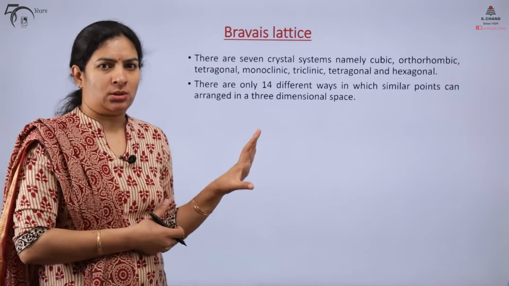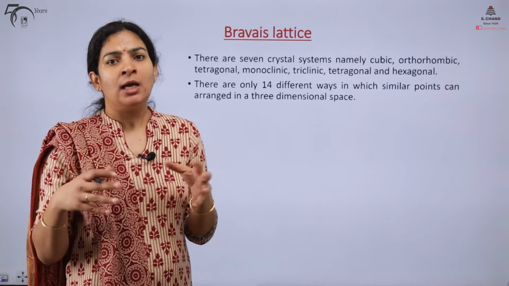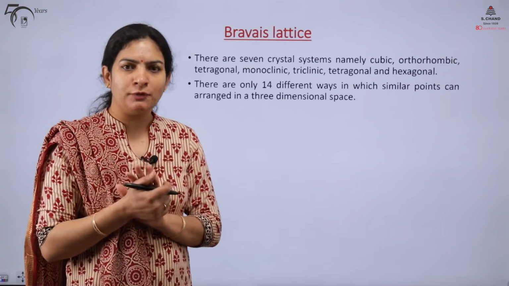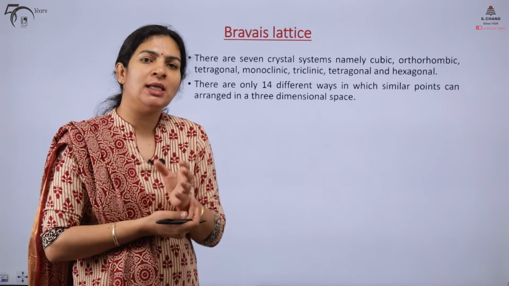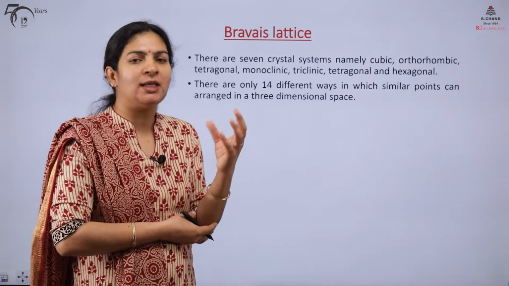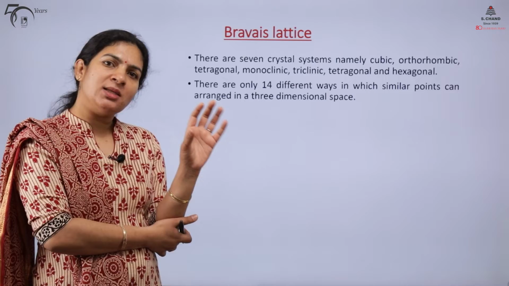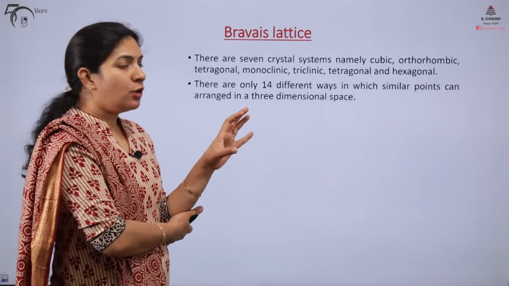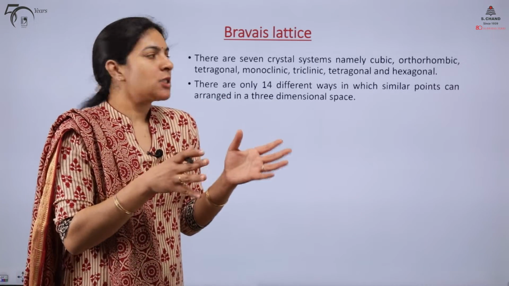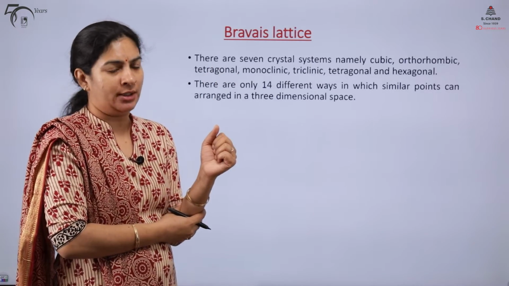In nature, nature has been kind, otherwise we would have had n number of structures of solids and it would have been impossible for a scientist to explain them. So nature has fixed the kind of arrangement we see in these solids.